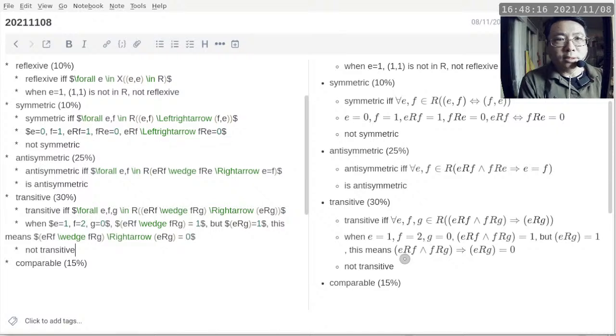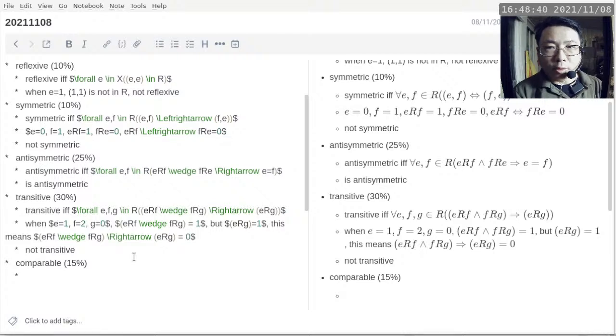We have to basically show the expression that is supposed to be universally quantified. We can find one instance, we can bind values into E, F, and G in this case, find one single instance where that particular expression is false. All right, so we're moving on to the last one. If you guys have any questions, put it into the text channel.